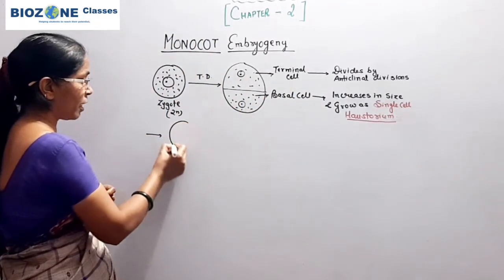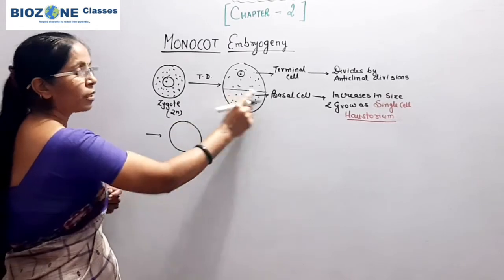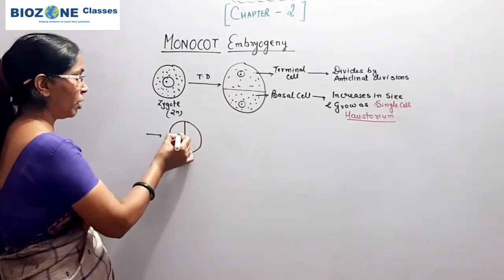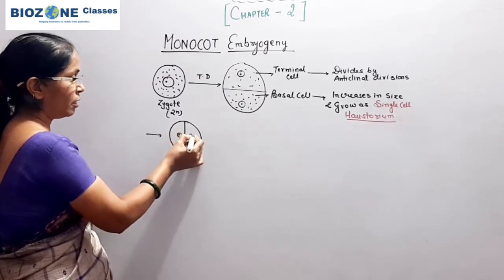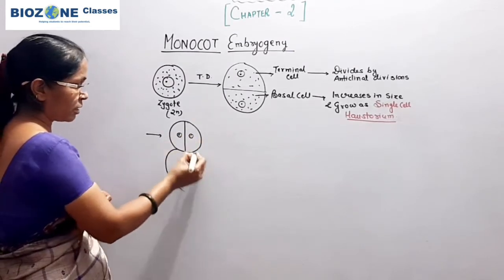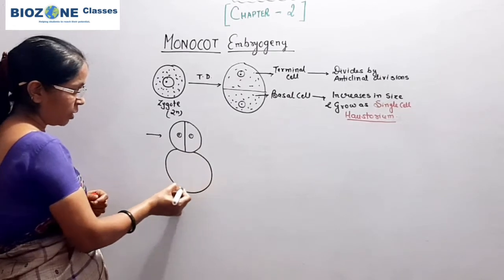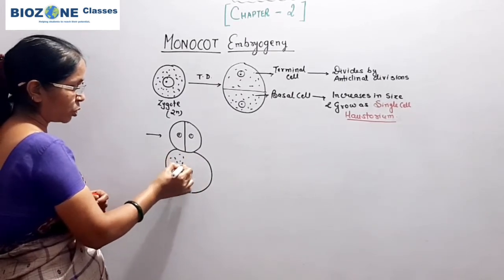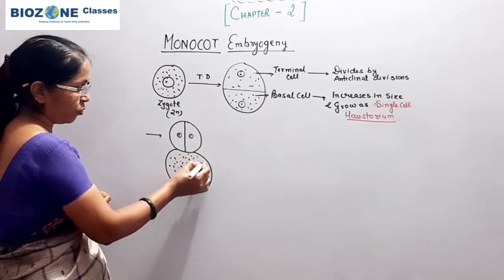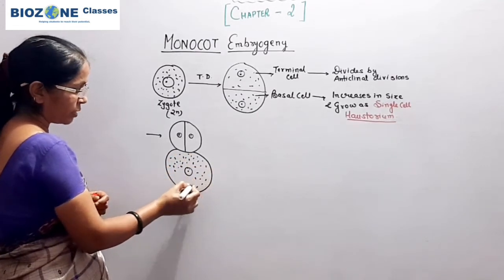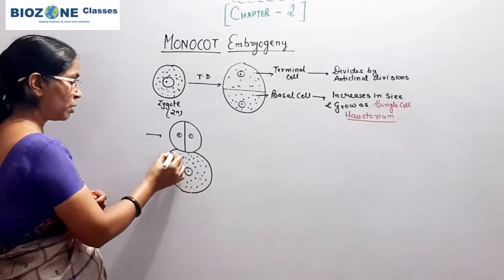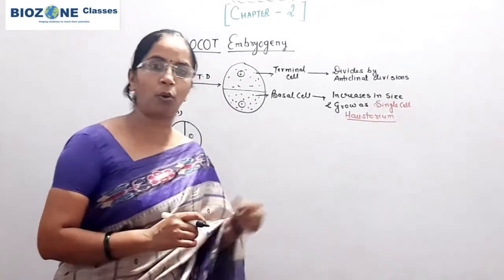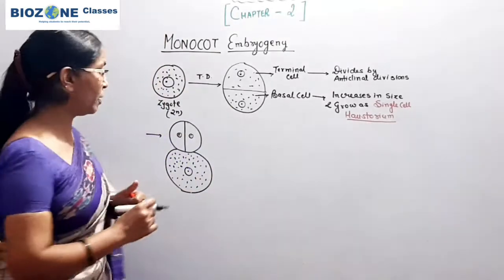The terminal cell's first division is transverse. The next division takes place longitudinally in the terminal cell, and this single-celled haustorium gradually increases in size because it stores a huge content of reserve food, and that food is supplied towards the terminal cell, because the entire embryo in monocot develops from the terminal cell.